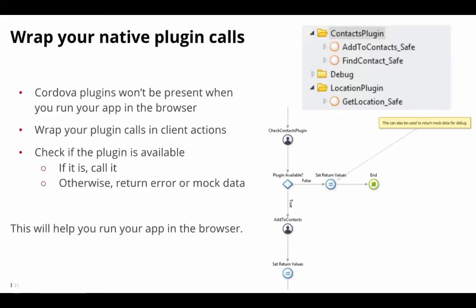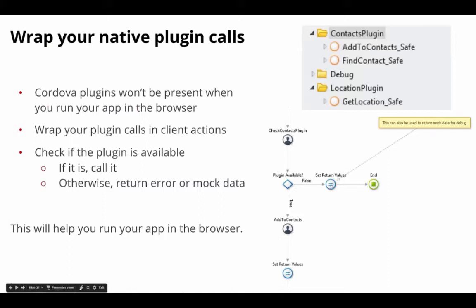One of them is a recommendation to wrap your plugin calls, your native plugin calls, in client-side actions. These wrappers can check if the plugin is present, and if it is present, you can go ahead and call it and then return what you receive from the plugin. If it's not present, you can return something that is useful for the scenario you're troubleshooting.